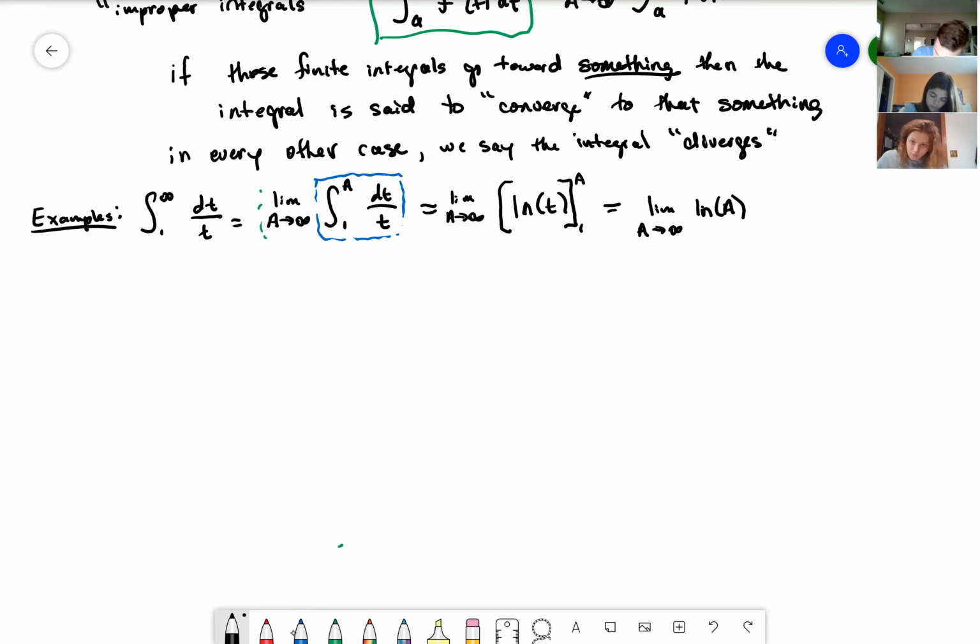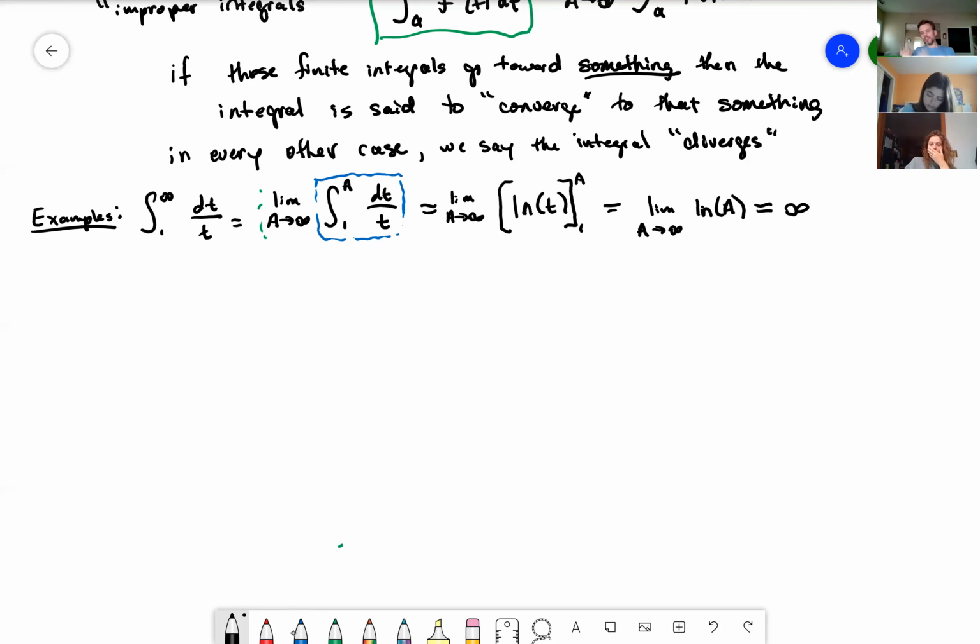We do this, and it's not so bad, as long as we remember what we're saying with respect to this convergence and divergence thing. We often write this as the limit equals positive infinity.